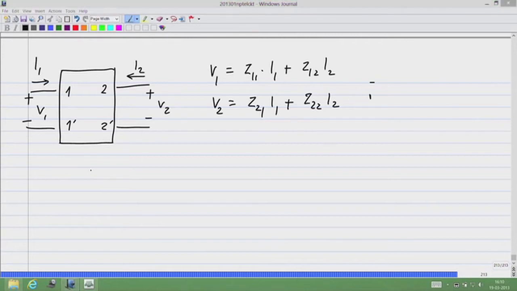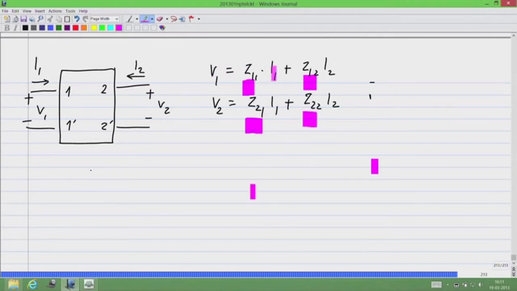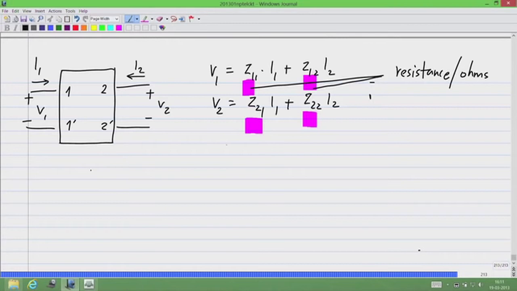Okay. Now, clearly, these constants which give you voltage from current, they have dimensions of resistance or units of ohms. Okay. Now, this set of parameters is known as Z parameters.